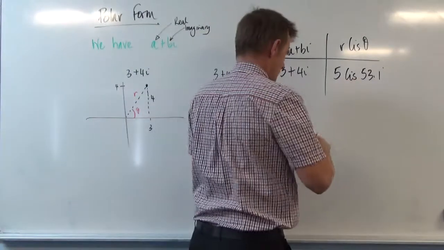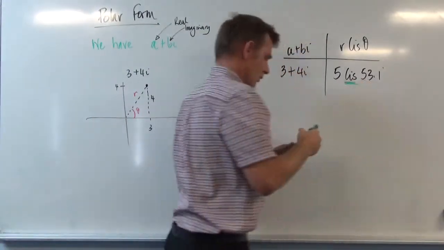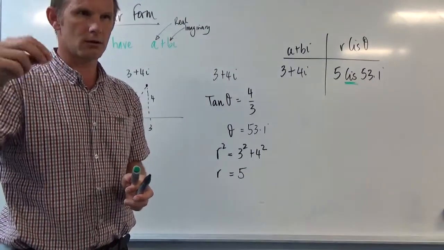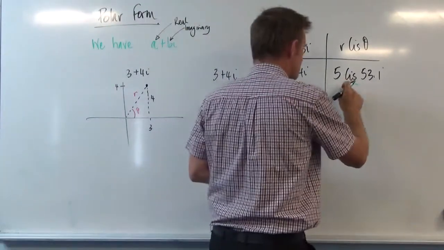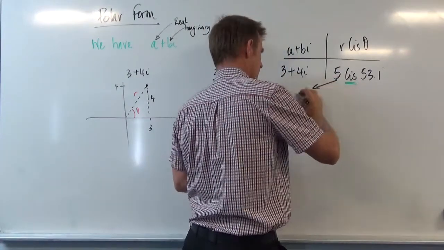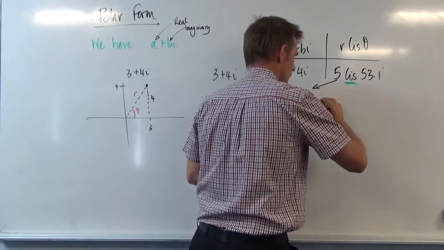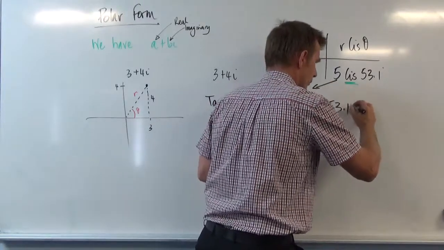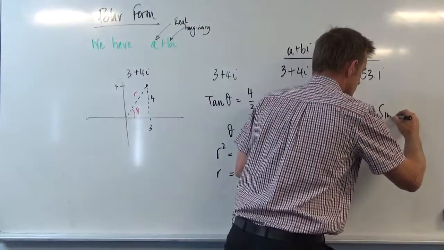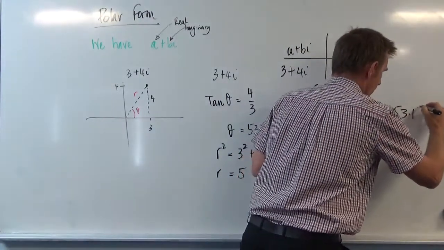What does this cis idea mean? Well, this is cos plus i sine. So this part here becomes 5 lots of cos of 53.1 degrees plus i sine of 53.1 degrees.